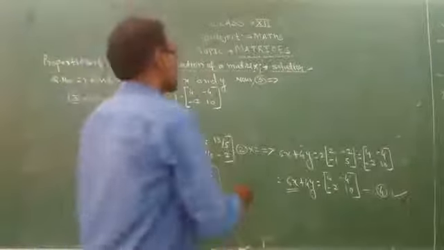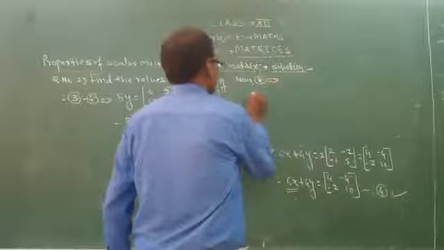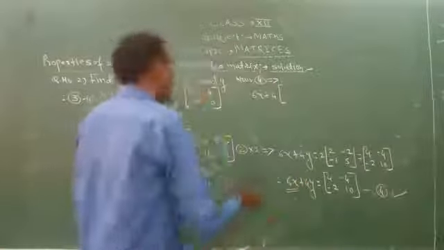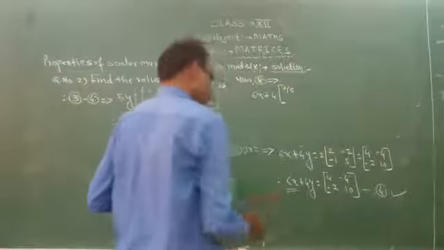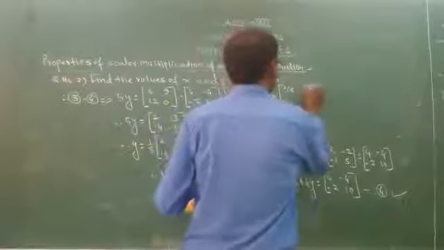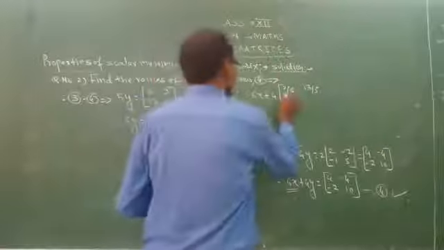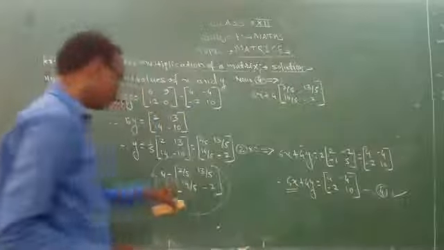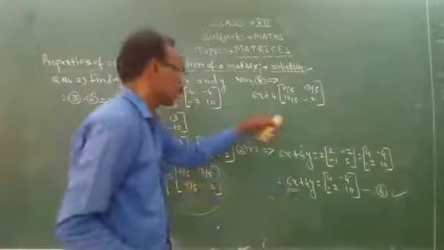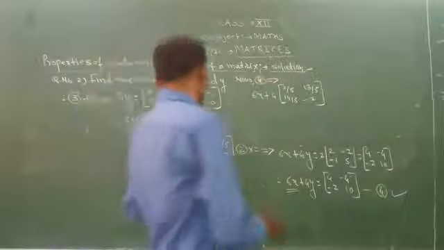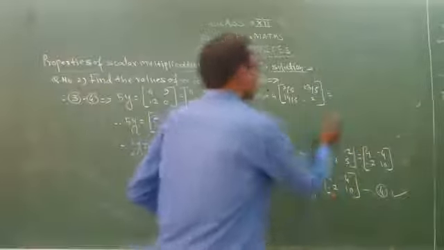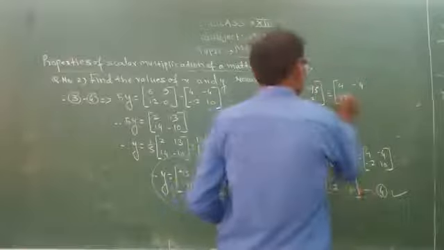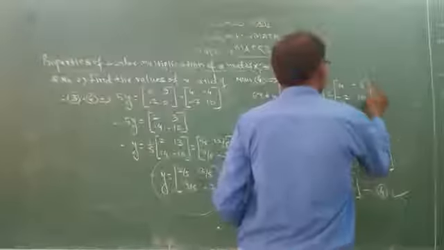I will use equation 4 instead: 6x plus 4 into y, where y is 2 by 5, 13 by 5, 14 by 5, minus 2. This equals the matrix 4, minus 4, minus 2 and 10.